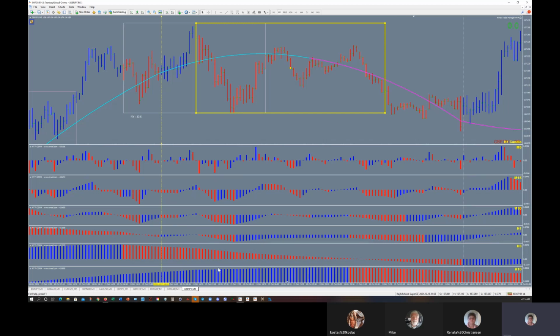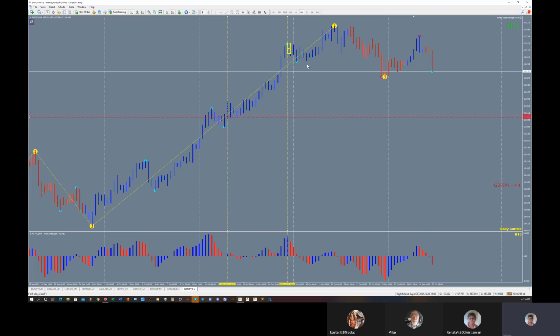Because these two are out of sync, I know the price action is going to go sideways. So I can sit through that, right? It's a 40 pip channel, but I'm up something like, how much am I up? Almost 300 pips.